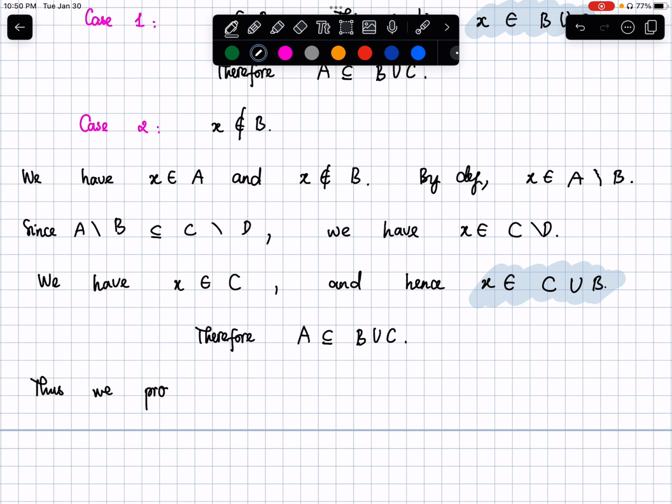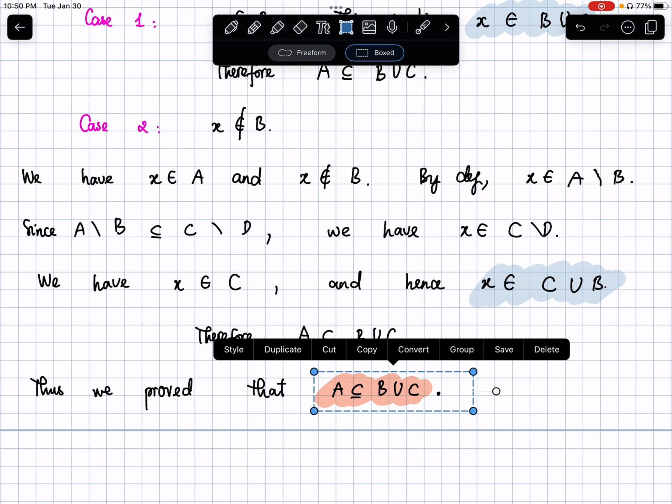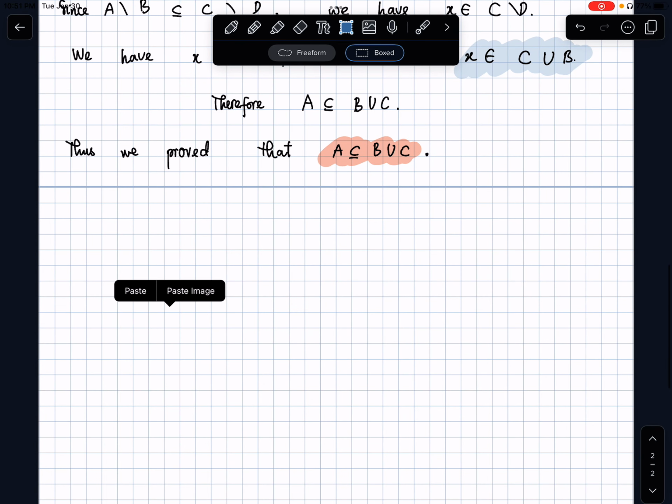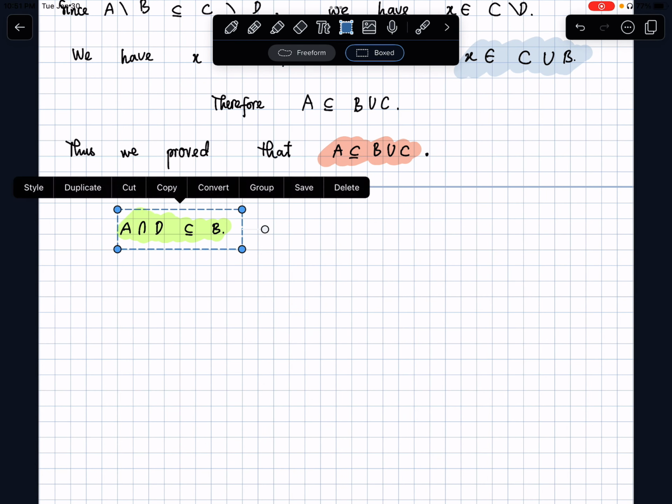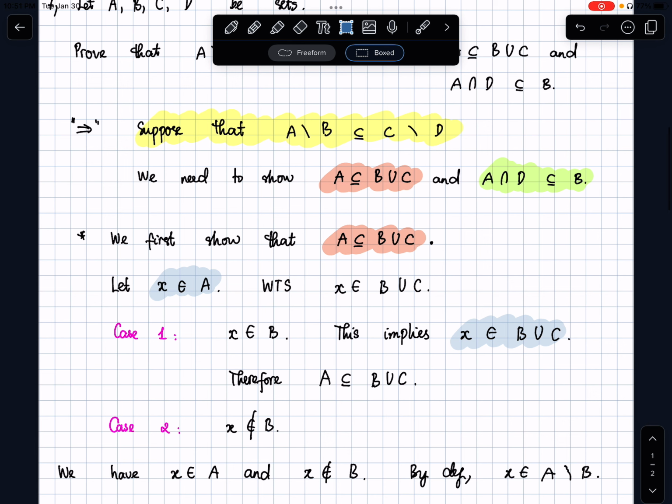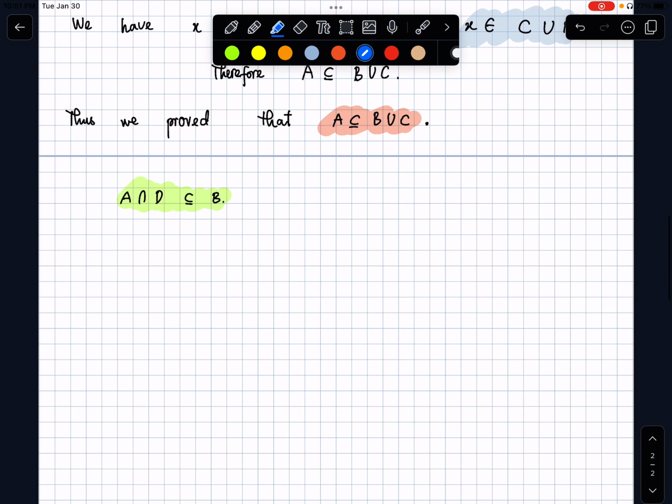We prove this, still in the first part, because this is the first thing we show. Let's do the second one.